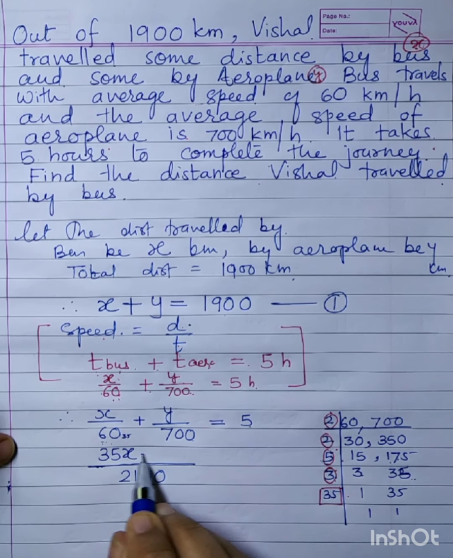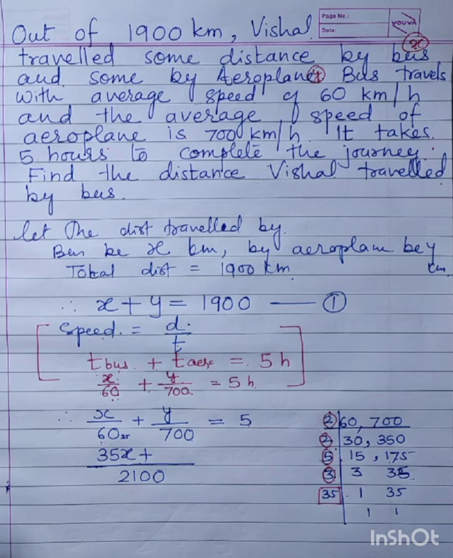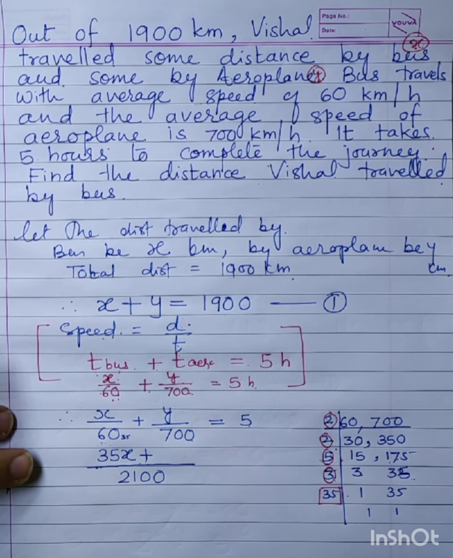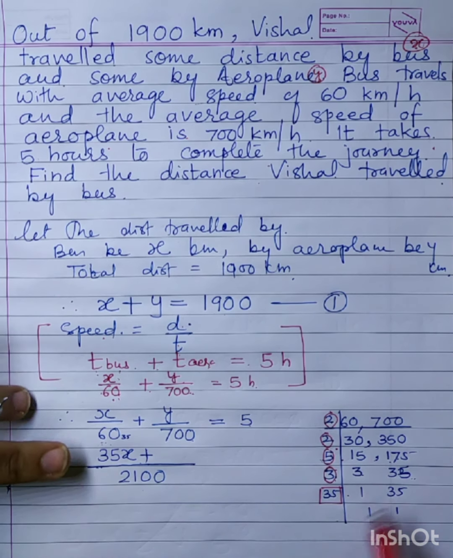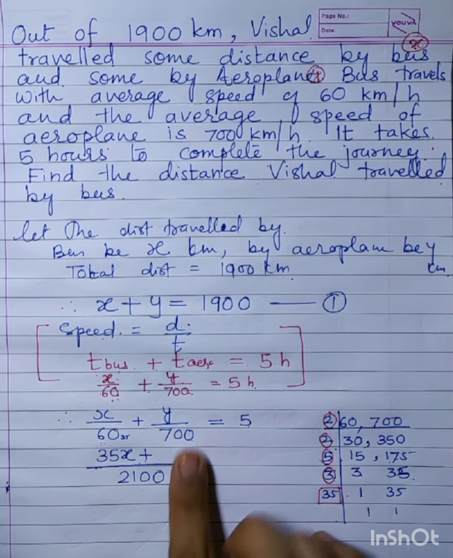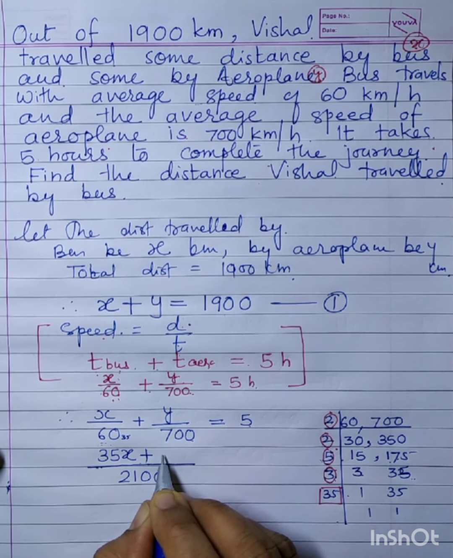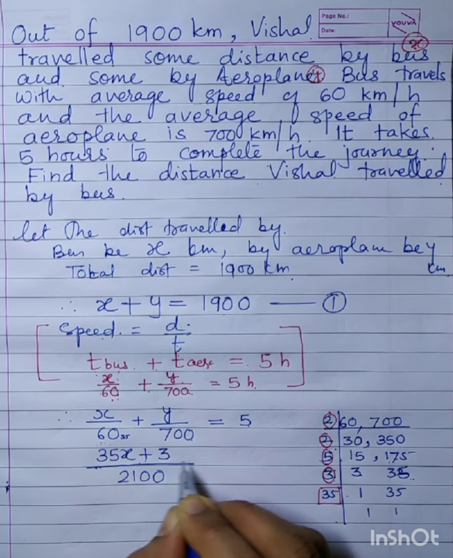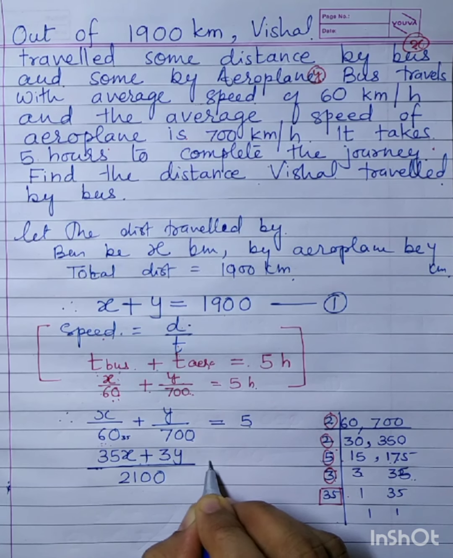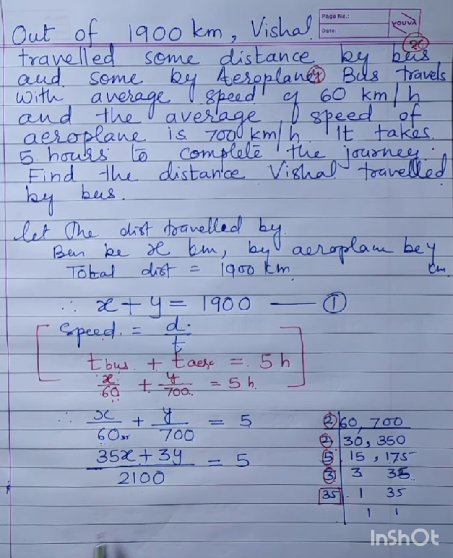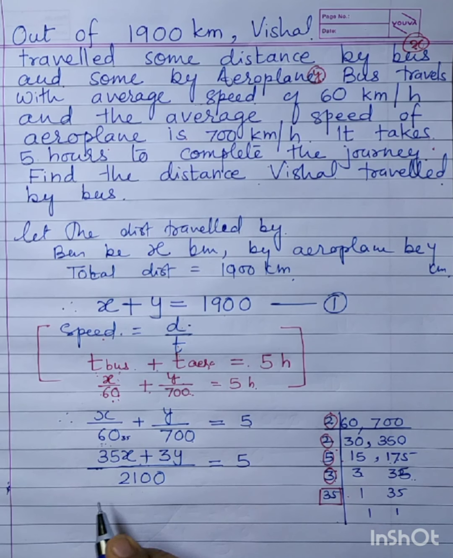Are you clear? Numbers are big, that does not mean that the method is going to change. And 700 is pretty simple. 7 3s are 21, so you write 3y is equal to what? 5.